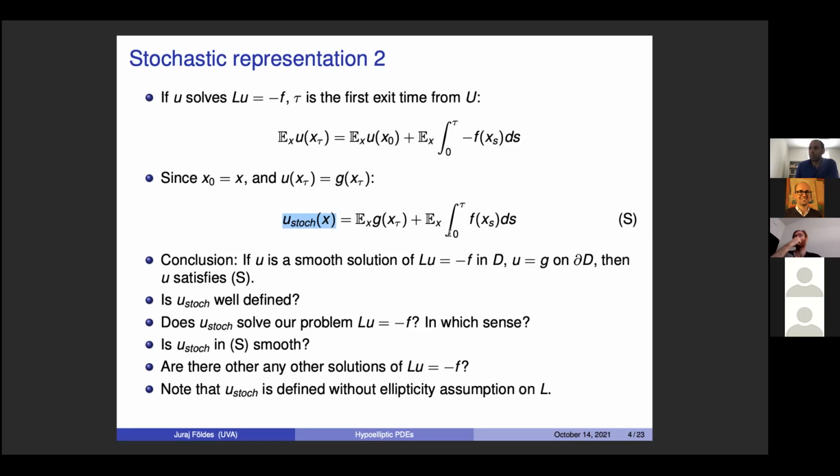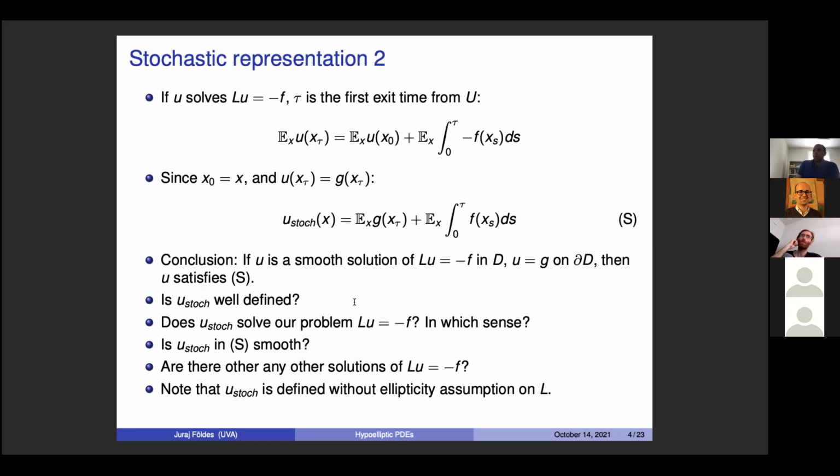So the integral between 0 and the time that I exit, of f of X of s ds. Which really means that if I have a smooth solution to this problem, then it must satisfy this stochastic identity. Okay, so that's the main connection. This is actually going to be the formula that we like to be using.